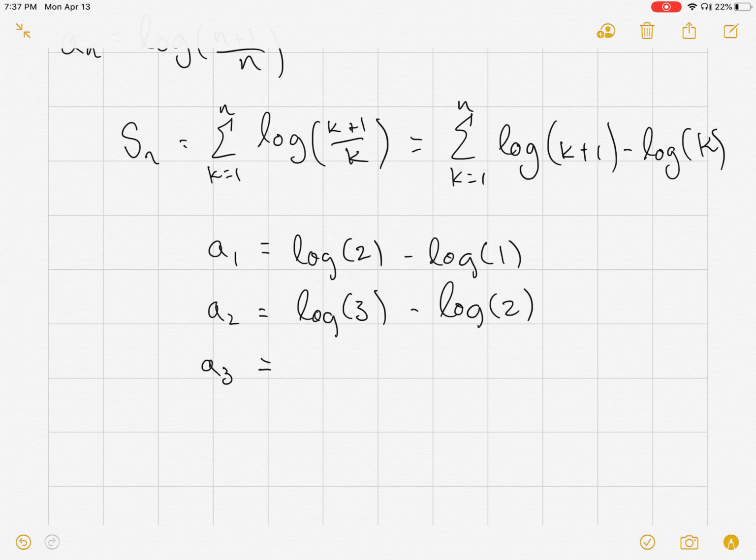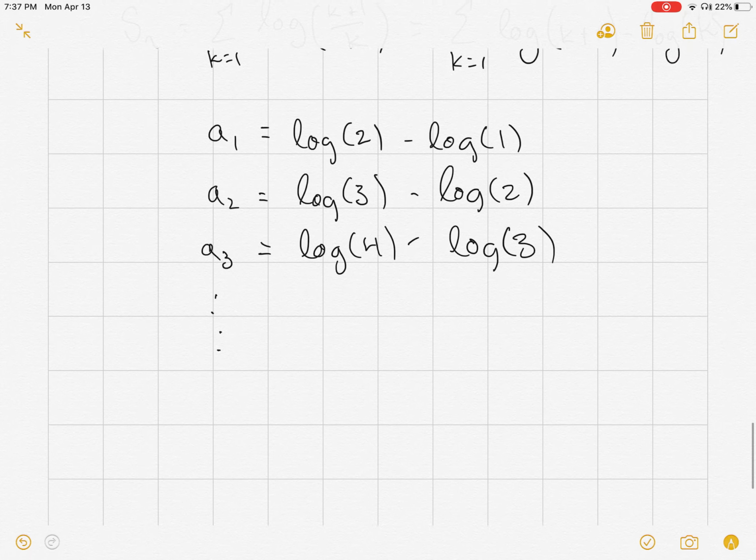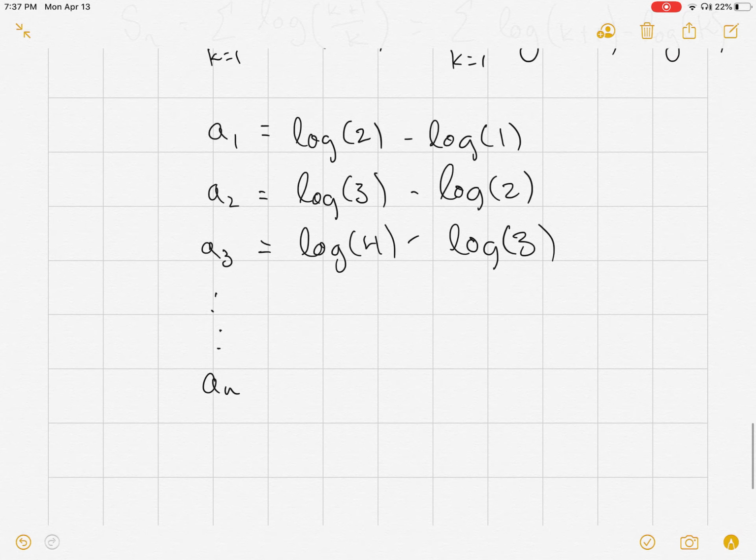And then our A3 will be log of 4 minus log of 3. And we can just continue this all the way until we get to our nth term, which is log of n plus 1 minus our log of n. Now, when we take the summation of all of these terms of our sequence, we're essentially just adding all of these together, right?